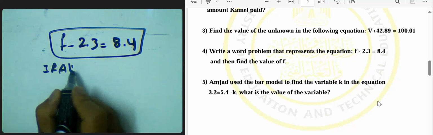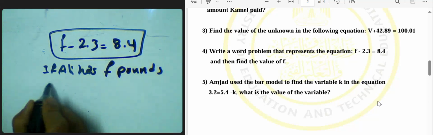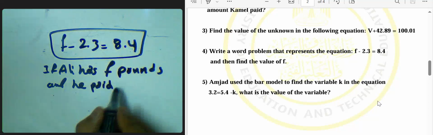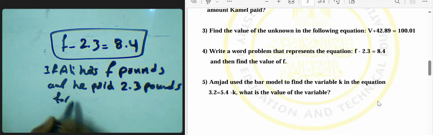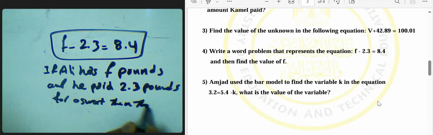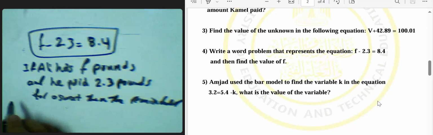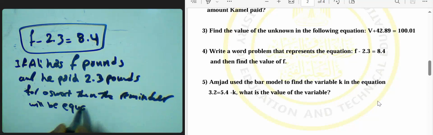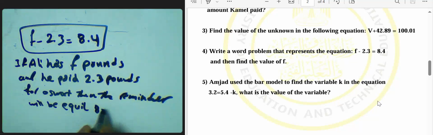If Ali has f pounds and he paid 2.3 pounds for sweets, then the remainder will be equal 8.4.